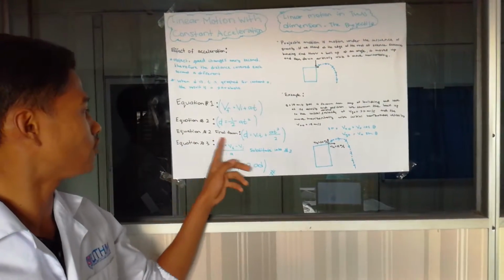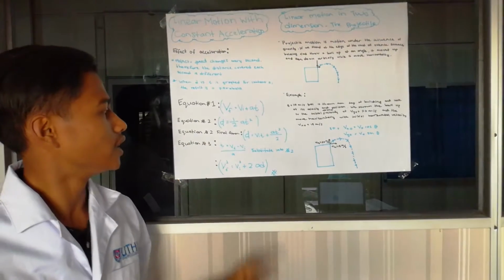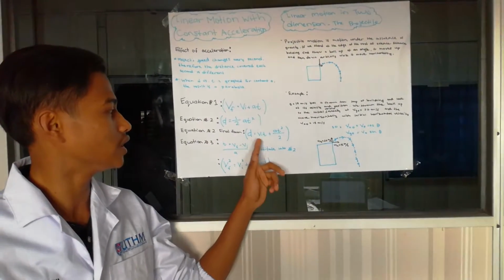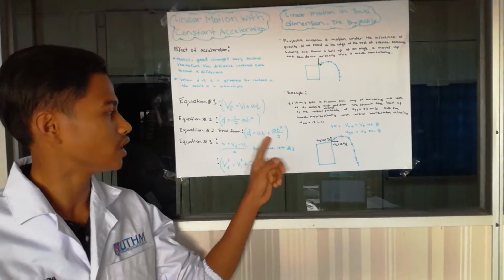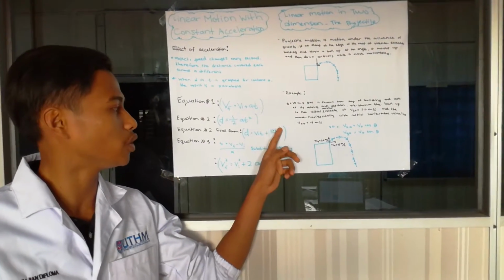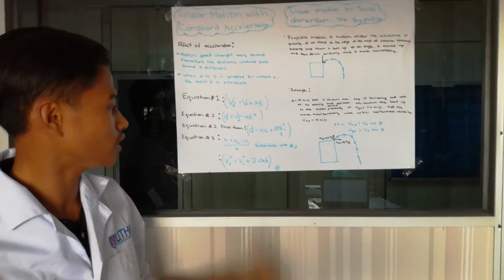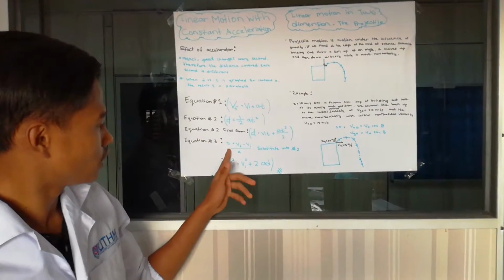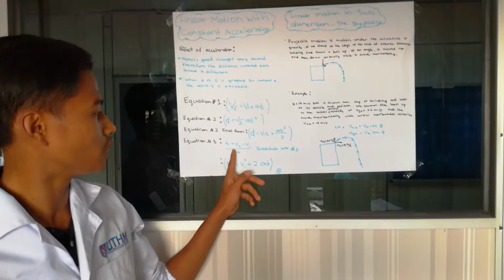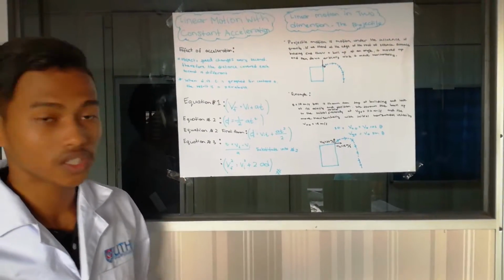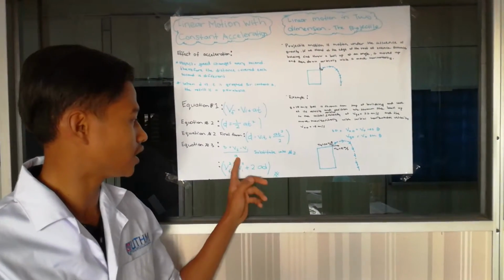For the final form of the second equation, d equal to v initial times time plus acceleration times time to the power of 2 over 2. For the third equation, the time equal to velocity final minus velocity initial over acceleration.